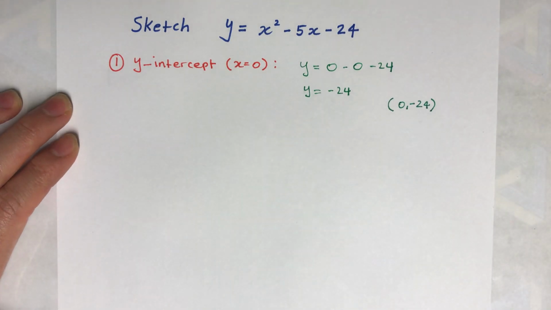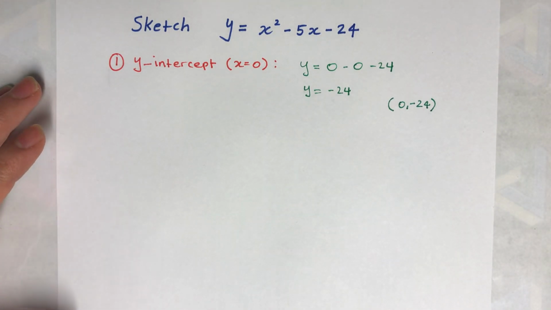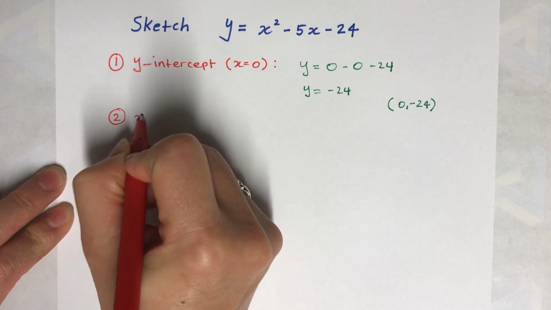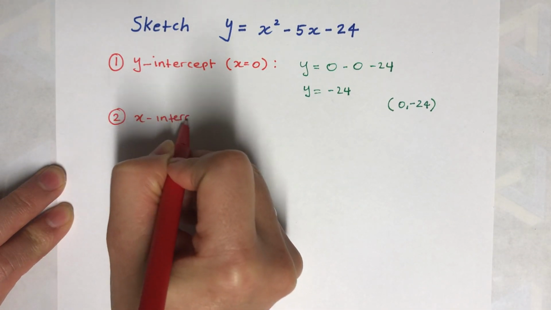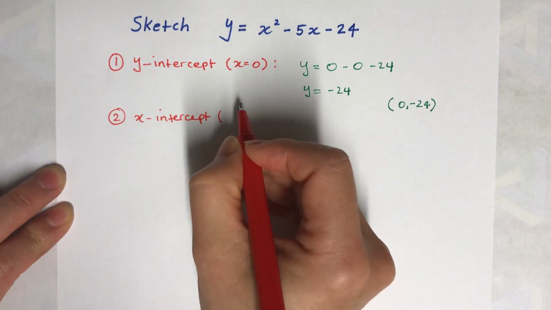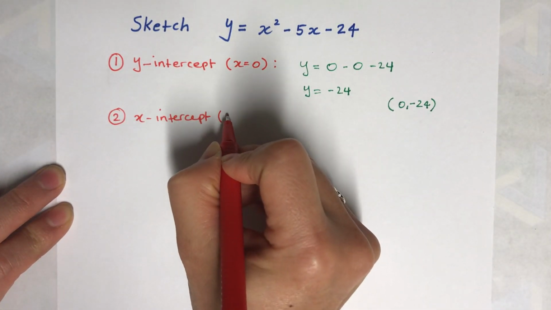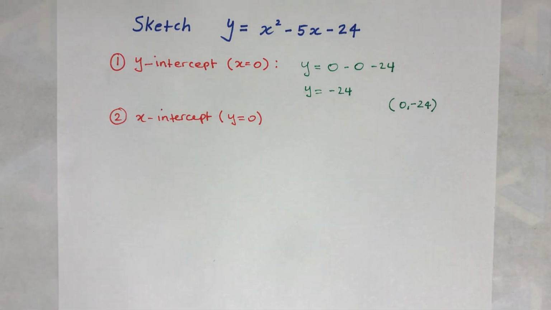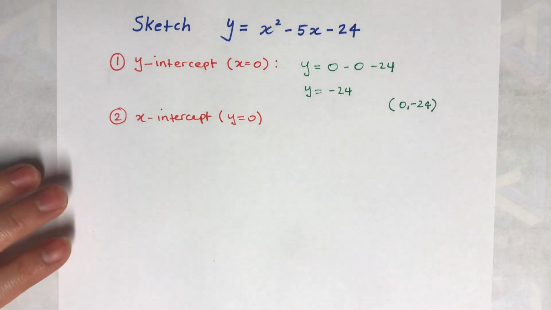I need lots of points before I sketch this parabola. Second step will be the x-intercept. Now I picked the y-intercept first because it's just easier. This one is slightly different. The x-intercept is when the points are on the x-axis, which means commonly y equals 0.